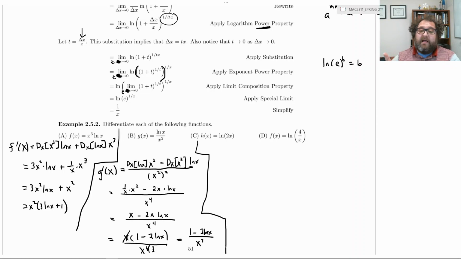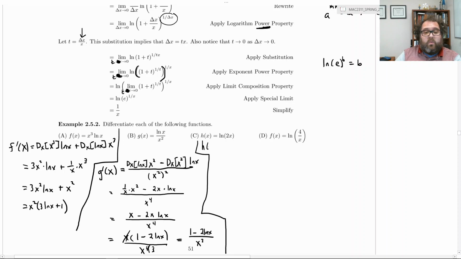But it turns out with logarithms, you can work your way around that because of the properties of logarithms. In a few sections, we'll cover the chain rule, and I'll give you another way to solve this. But for the time being, without the chain rule, you have no option except to apply properties of logarithms.